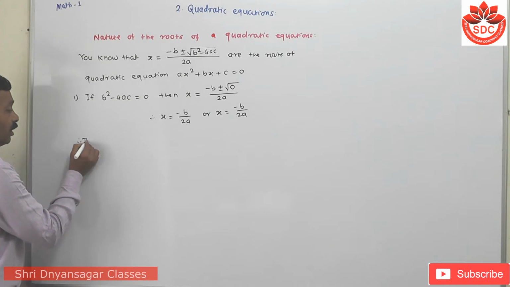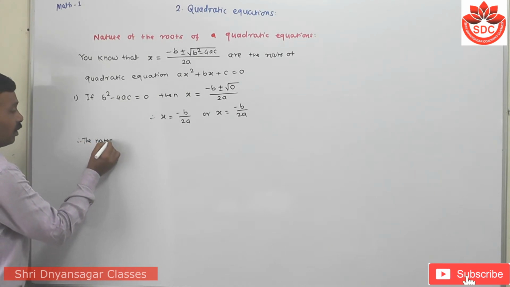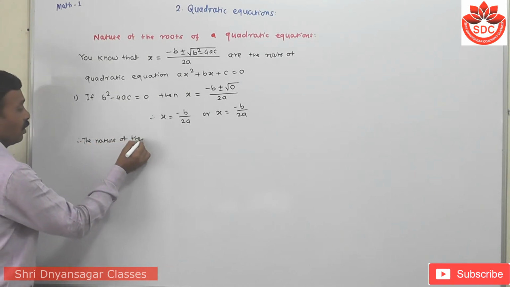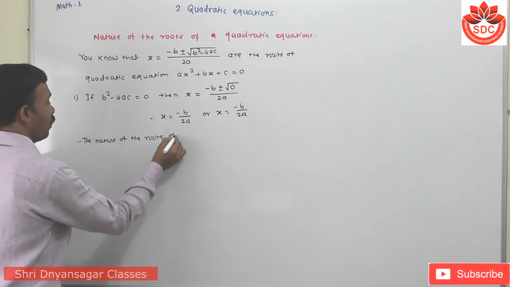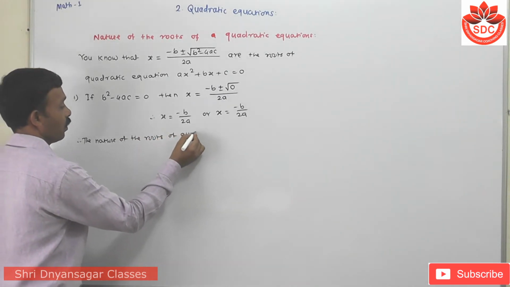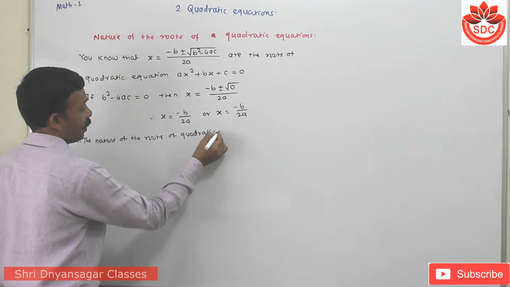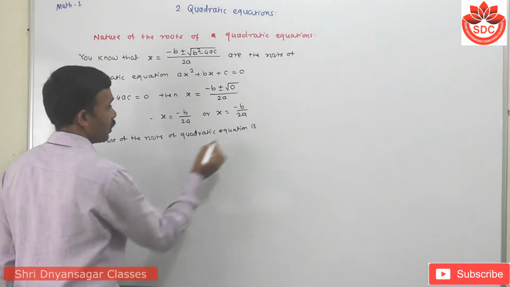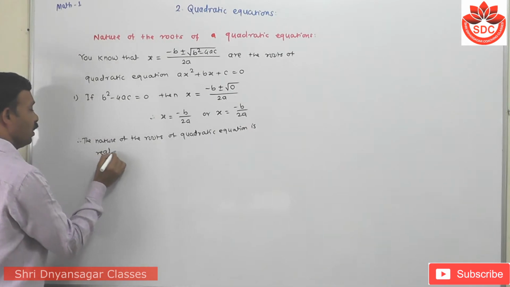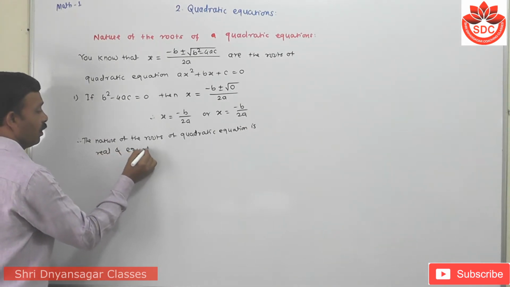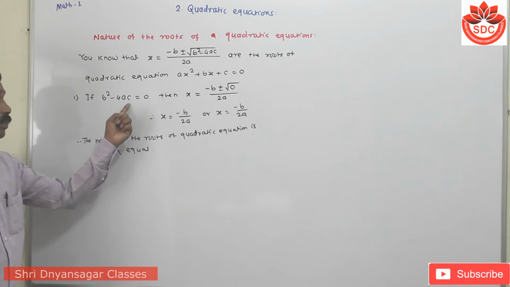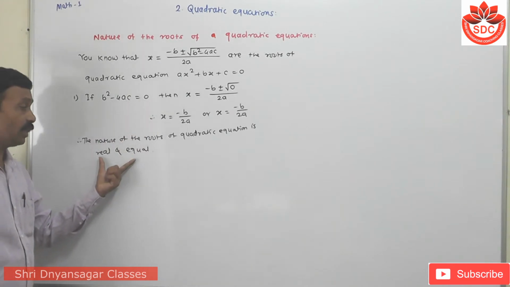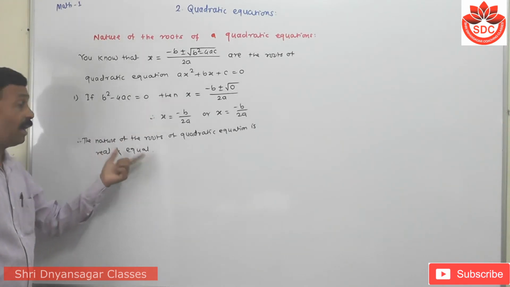Therefore, the nature of the roots of the quadratic equation is real and equal. When b square minus 4ac is equal to 0, the nature of the roots is real and equal.